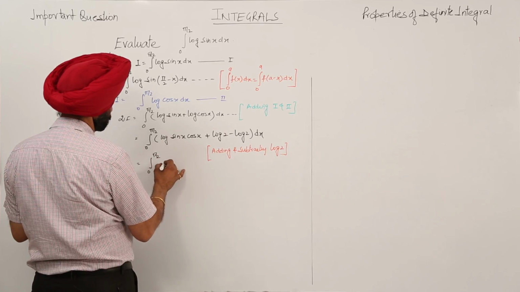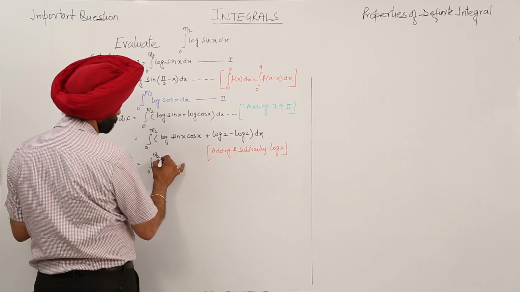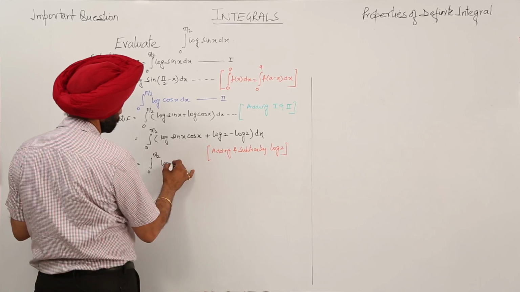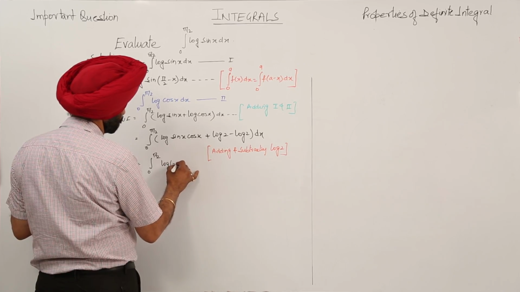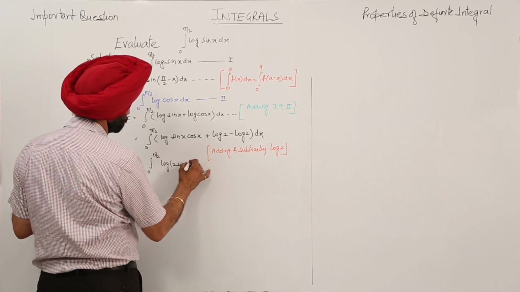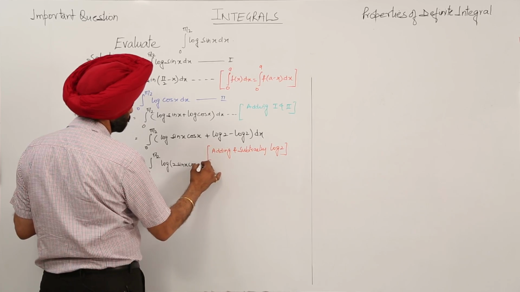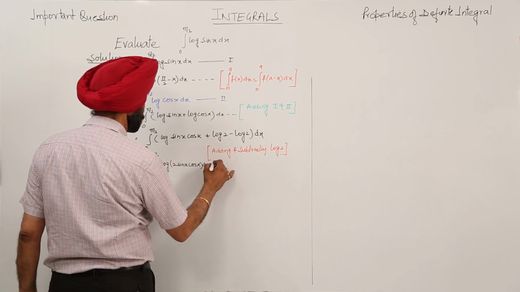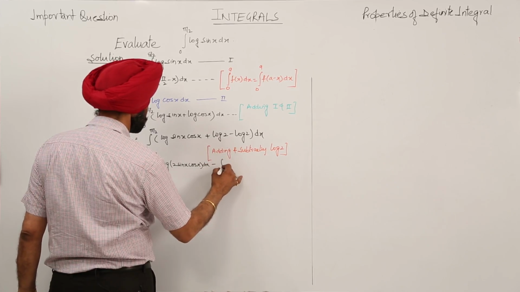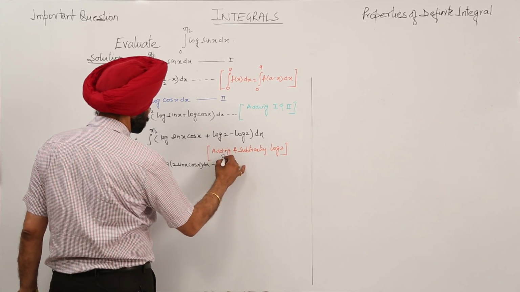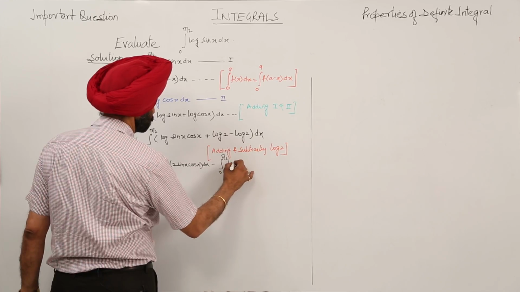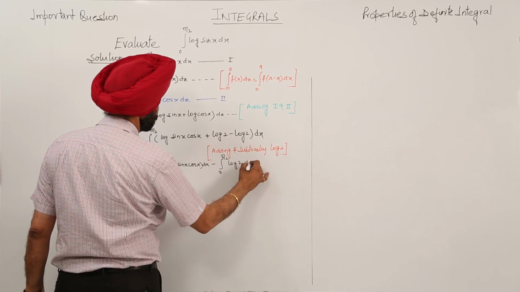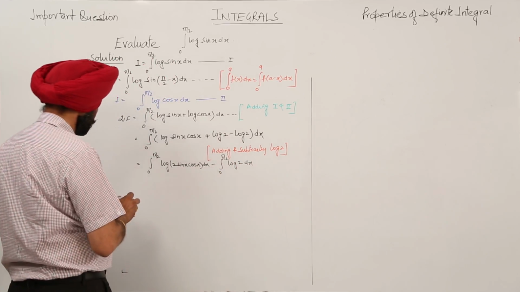The integral from 0 to pi by 2 of log of 2 sin x cos x dx, minus the integral from 0 to pi by 2 of log 2 dx.